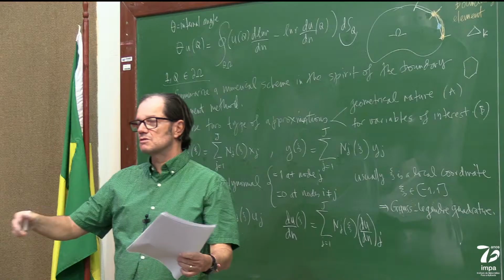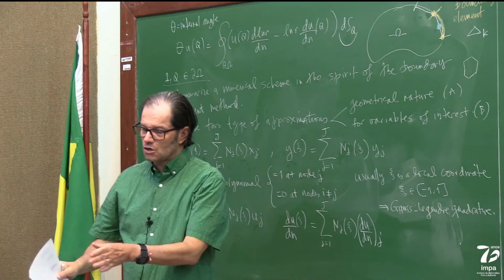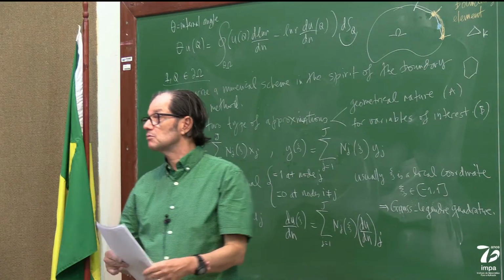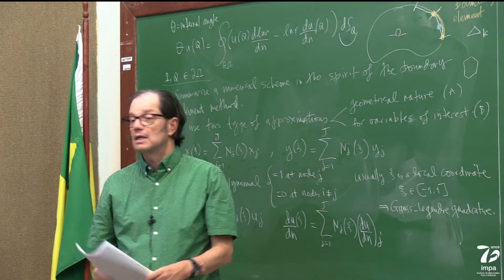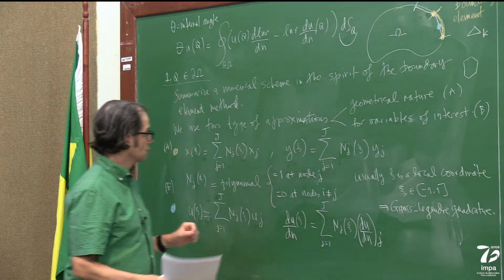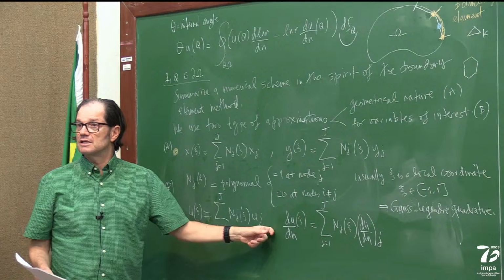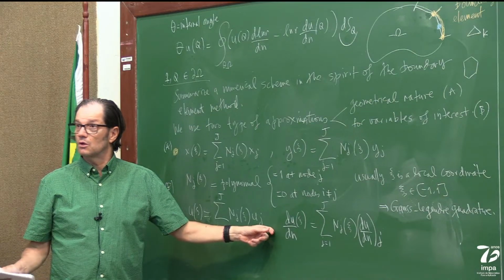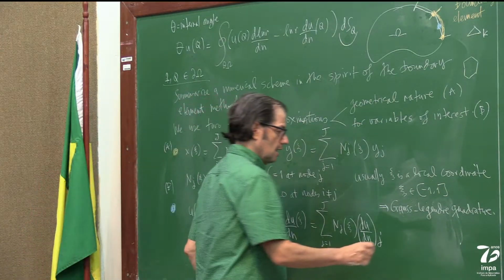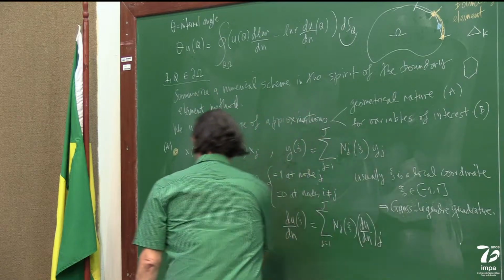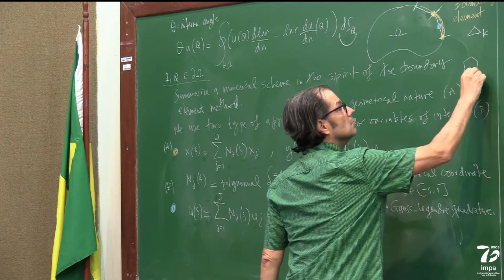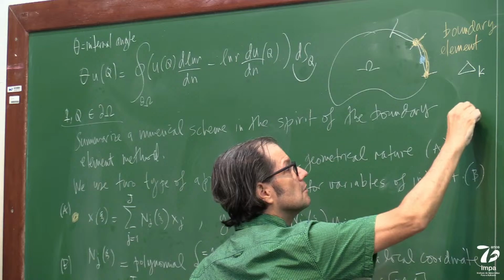And if the solution doesn't vary very quickly, a constant here, a constant there, it could be kind of okay. If I'm using then two nodes, if J is the same here and is equal to 2, okay, then I have two blue nodes also here.